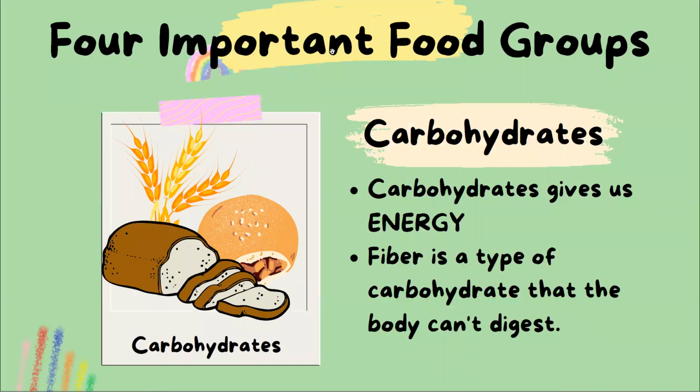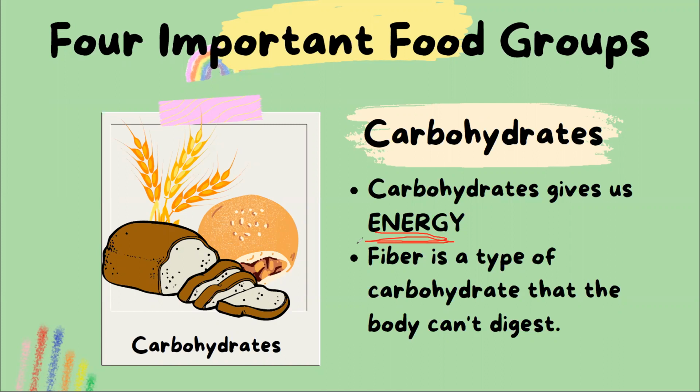The first most important food group would be the carbohydrates. Carbohydrates are known to always provide us what? Energy. Without them, we would not have been here. We need energy to survive.